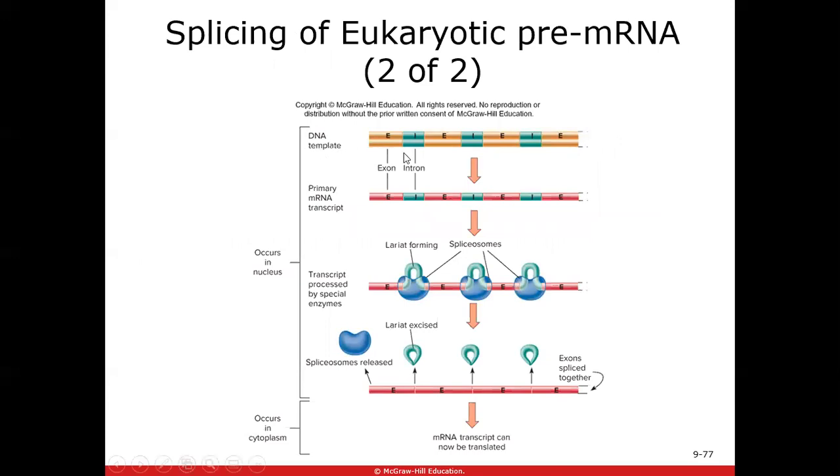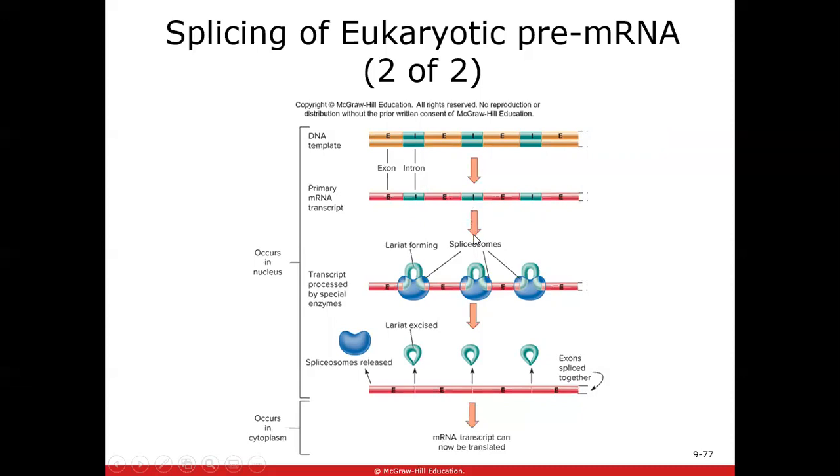So on this, you have the DNA template, and you see this section is an exon. This section in green is an intron. When the mRNA is made from this DNA, you have everything intact: the exons and the introns.